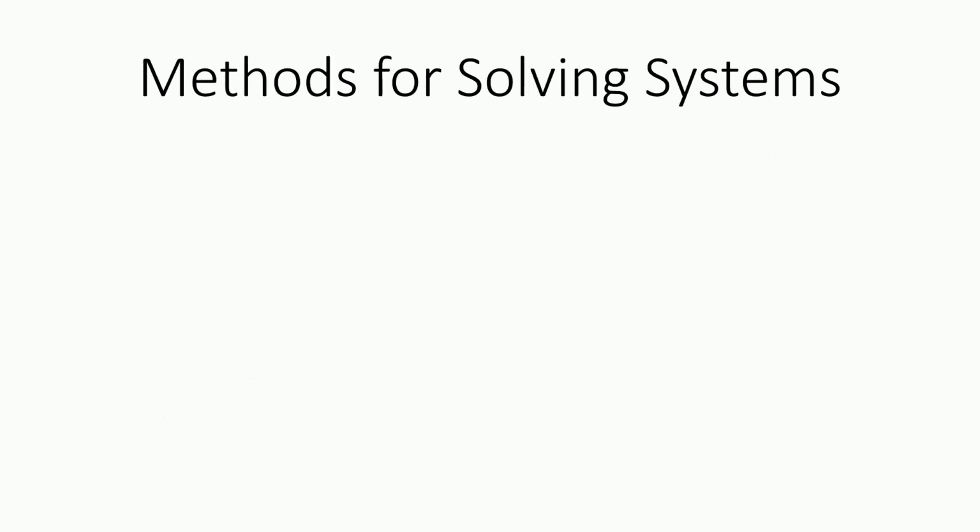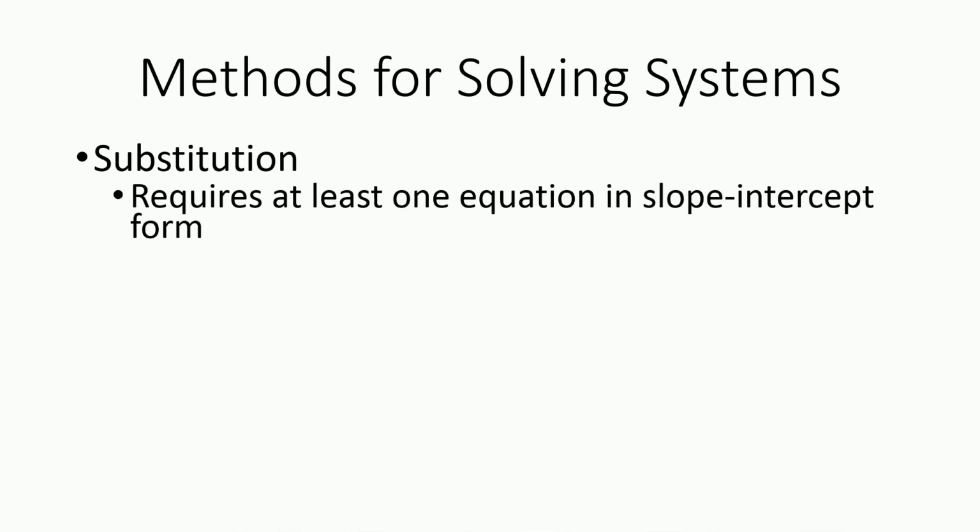So when we look at the two methods, substitution requires at least one of the equations to be in slope-intercept form. That's because you're going to take the expression on one side that's in terms of x and substitute it for y in the other equation, because that equation is set up as y equals, which means I can replace one side of that equation with what's on the other side.